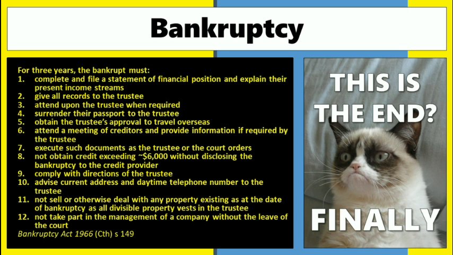They have to follow the directions of the trustee to attend and to actually answer questions. They have to surrender a passport, and in fact need to ask permission of the trustee before they can travel overseas. There has to be a meeting of creditors if there are more than one person that the bankrupt owes money to, and the trustee has to bring along all the documents to that.